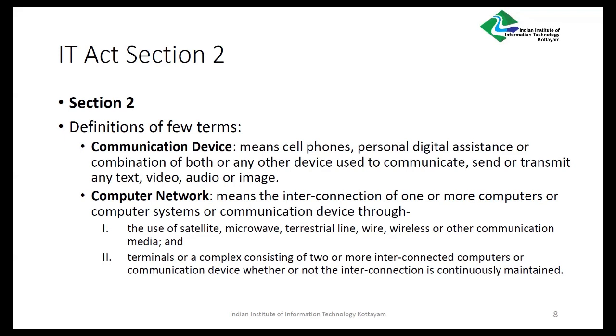And moreover, the connection doesn't have to be continuous. Even if it is intermediary or intermittent connections, it still forms a computer network. So anyway, I will discuss one case and I'll end my talk here.